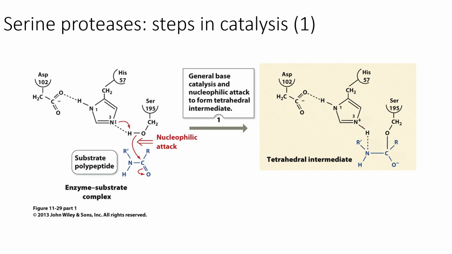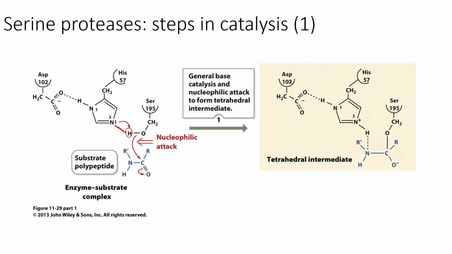So when we started, right, we had this hydrogen bond between the nitrogen in this imidazole ring and the hydroxyl group on the serine. The lone pair on that nitrogen is going to essentially take this proton away from the serine, leaving this serine in this essentially oxyanion form.